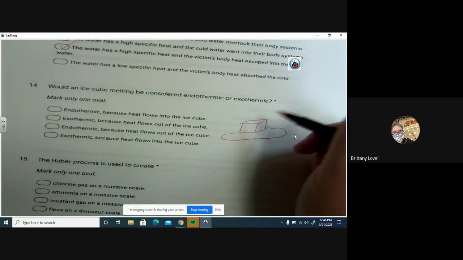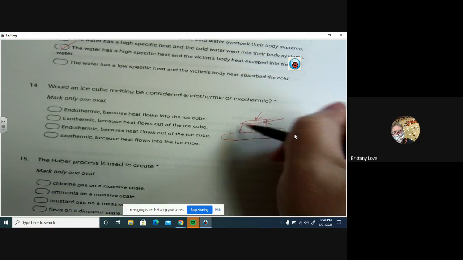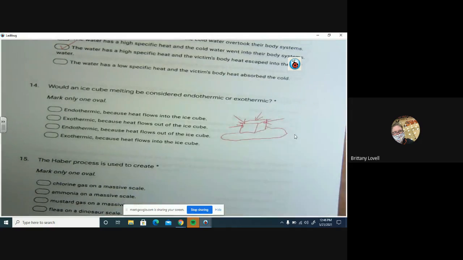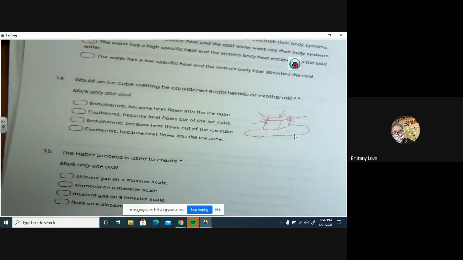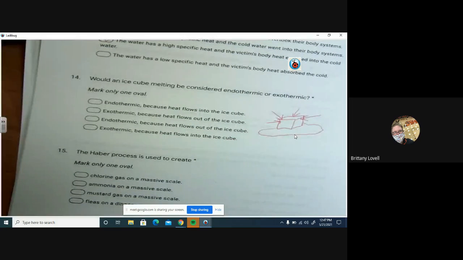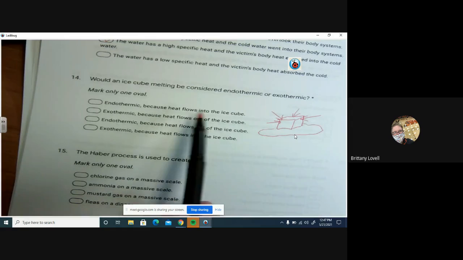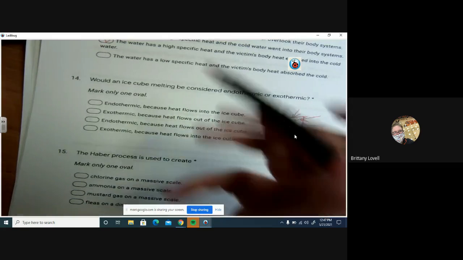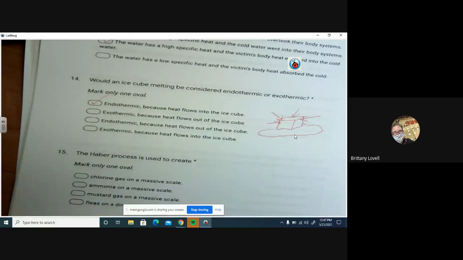It's going to have to get heat from somewhere in order to make it melt. So if heat has to go in, which one would that be? That would be endothermic, because heat goes from areas of high heat into cold. Heat would have to flow into the ice cube. So that's your best choice.